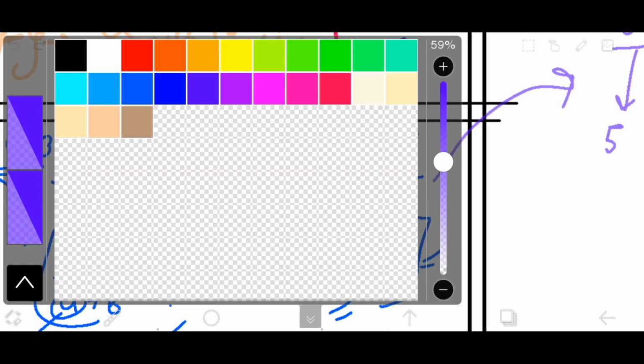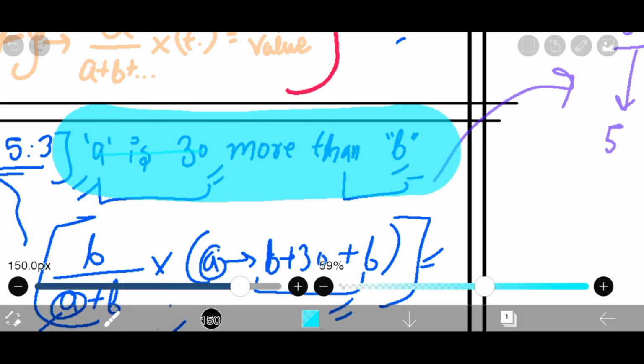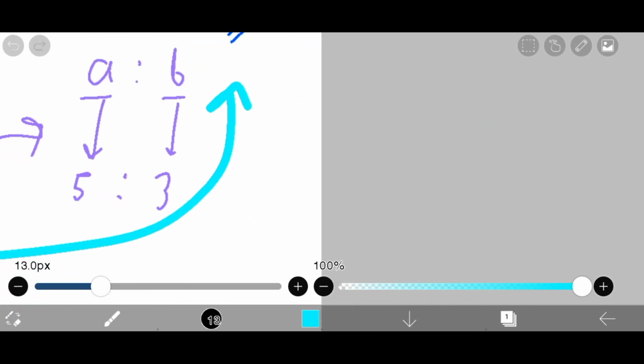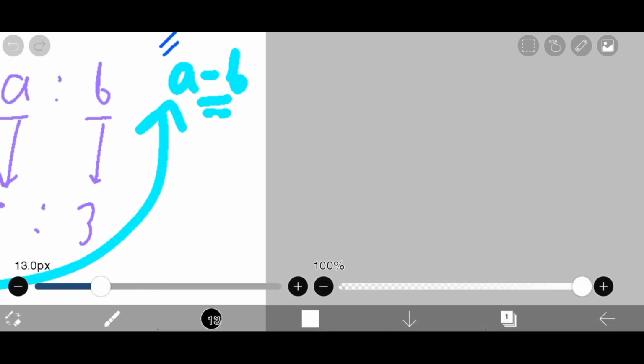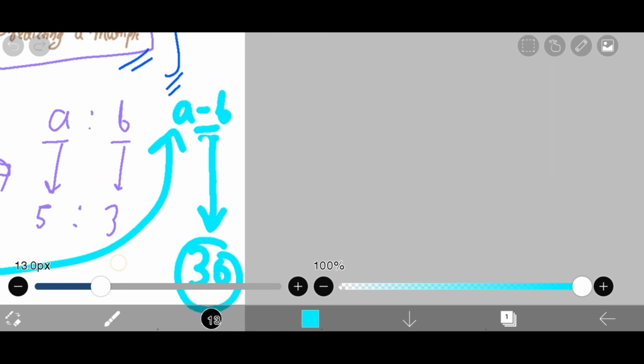And another statement stated here is A is 30 more than B. So as per that, when we take it here, A is 30 more than B. It clearly means that when you do this equation, A minus B, it should give you a value of 30, right?